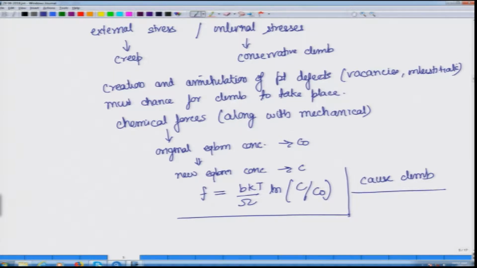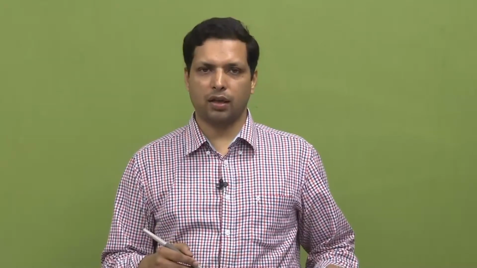This is the fundamental relation for the climb force required for the climb motion. Now we have looked at the fundamental derivation of forces that can cause the glide motion and the forces that can cause the climb motion. These are the two primary ways that a dislocation makes a movement.